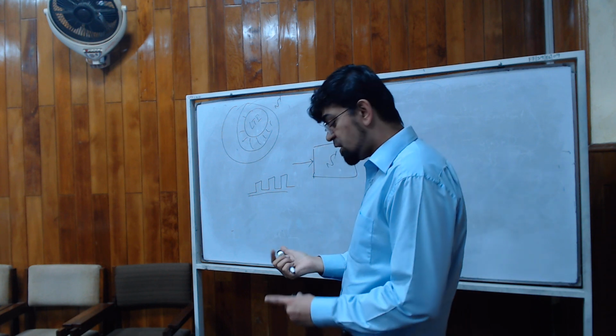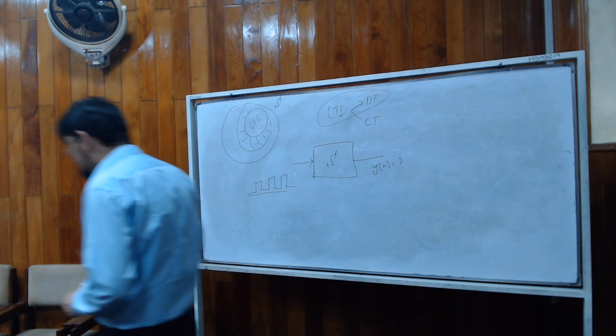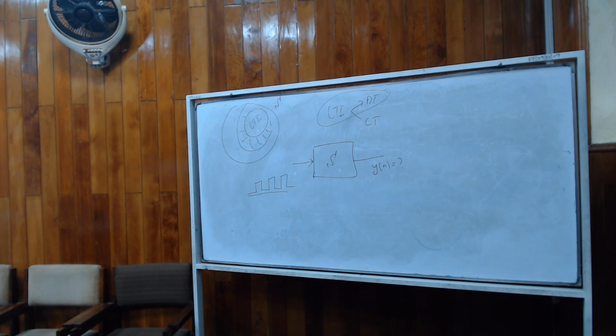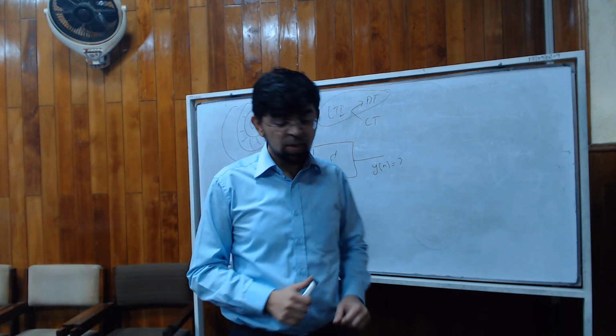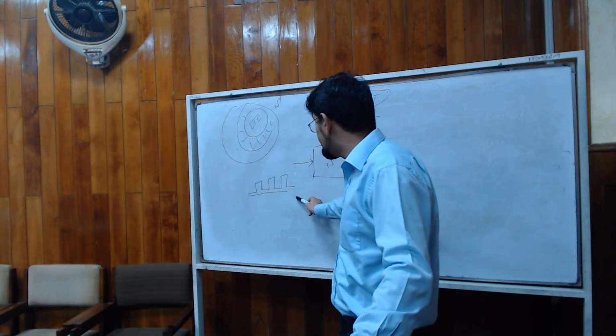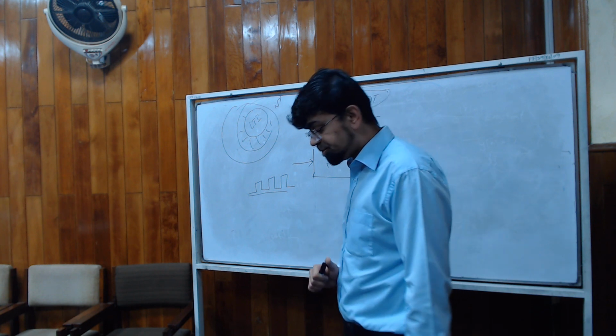So now our question is, how do you tell the output of an arbitrary discrete time LTI system to a discrete input? अब हमने थोड़ा सा और restrict कर लिया था to discrete input, discrete system, meaning we are talking about discrete input and discrete output.